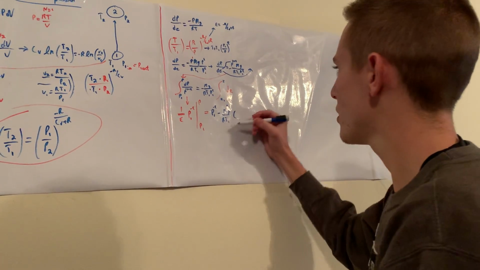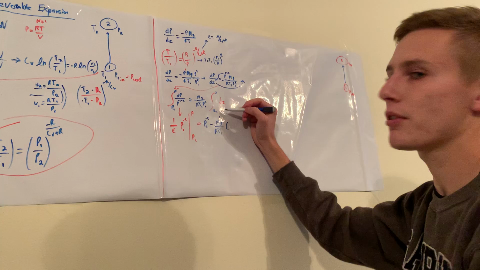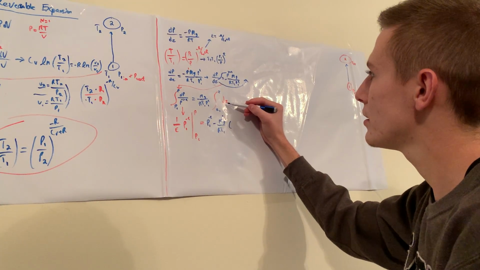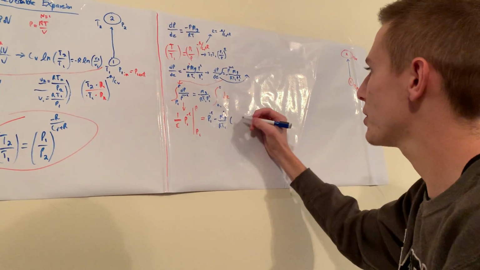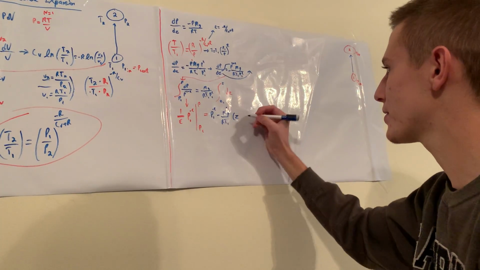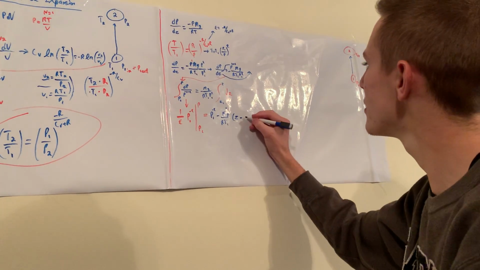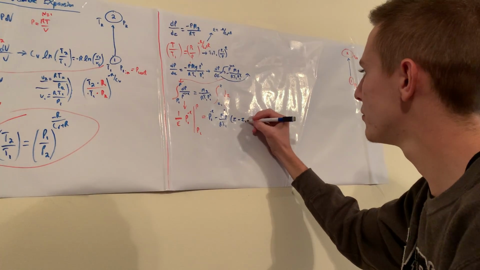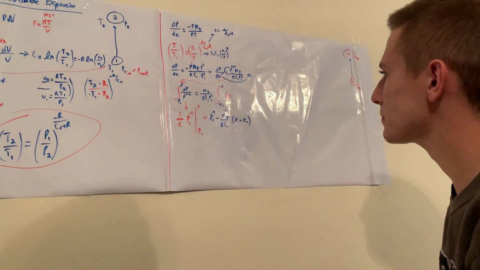Since we had integrated dz, we're just going to say that it is multiplied against z final, in this case z, minus z initial, or z1.